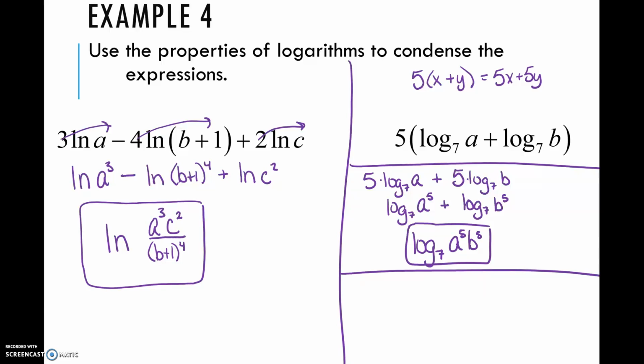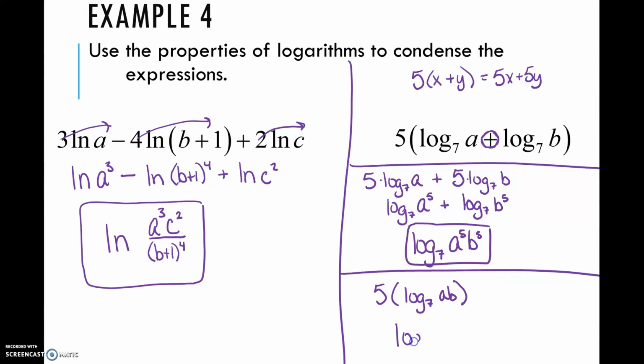Here's the other way you could do this. You could ignore the 5 in the parentheses for a minute and just work inside the parentheses. If this is addition, then we have log base 7 of AB. This is 5 times the log base 7 of AB.